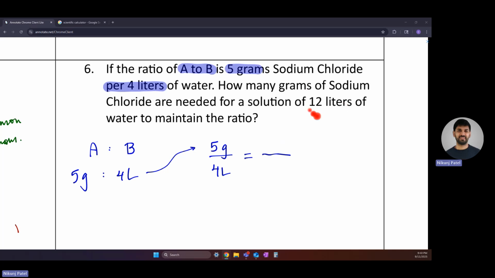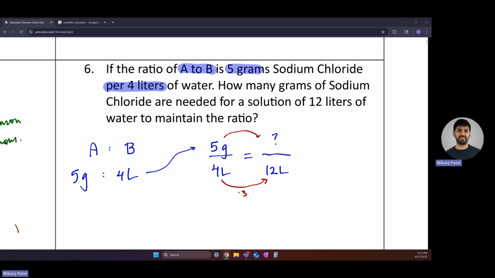And if we want to maintain a ratio, we want it to be equivalent to the other fraction. And it tells us that the other fraction or the other ratio is going to have 12 liters. So in this case, we want that 12 liters. So we don't know how many grams. That's why it says how many grams, right? We want to figure out what value goes up here. Well, we need to think about how do we get from 4 to 12? To go from 4 to 12, we're going to multiply by 3.